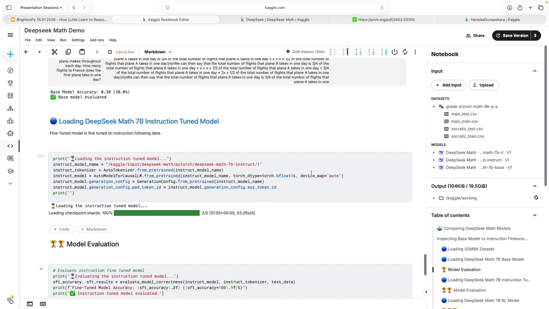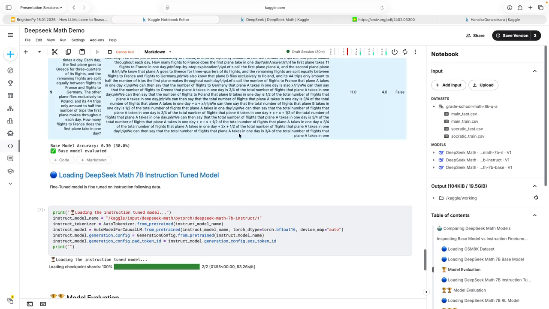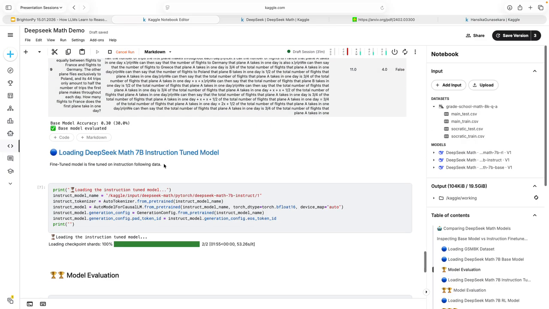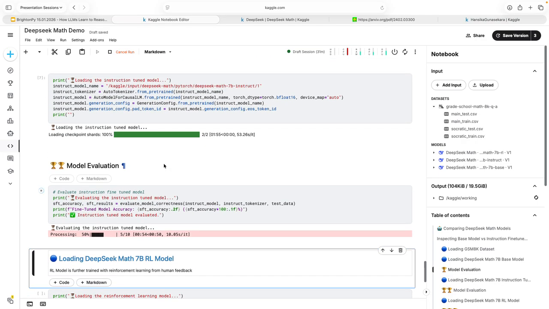With the instruction tuned model, we can expect that the generated responses would be more structured, as the instruction tuned model is specifically tuned to follow the instructions.